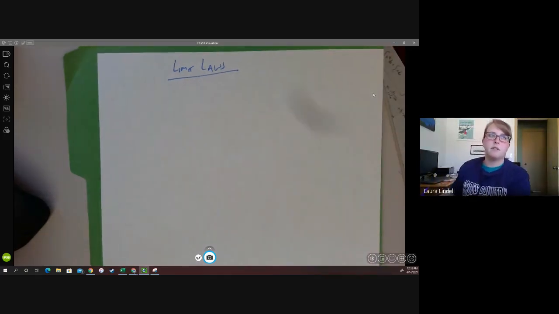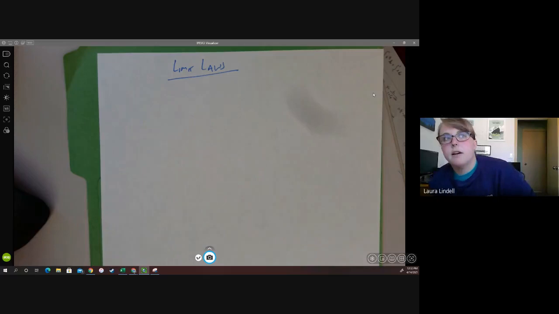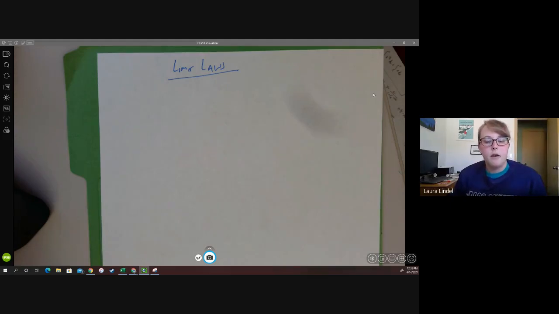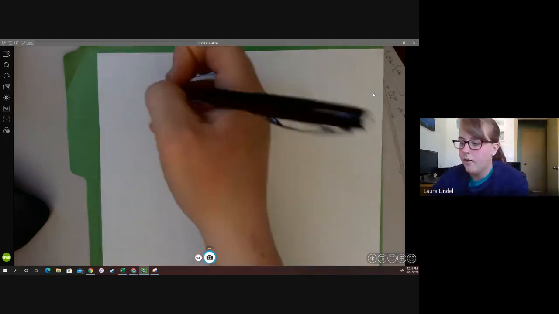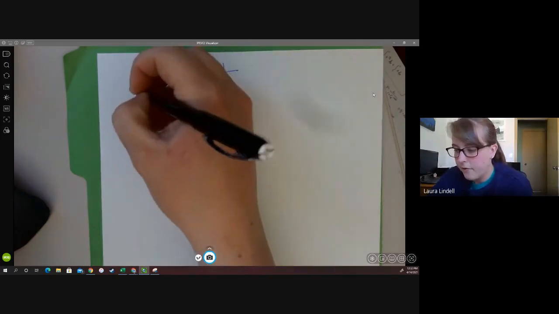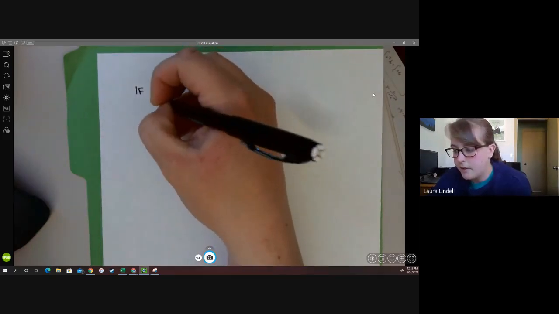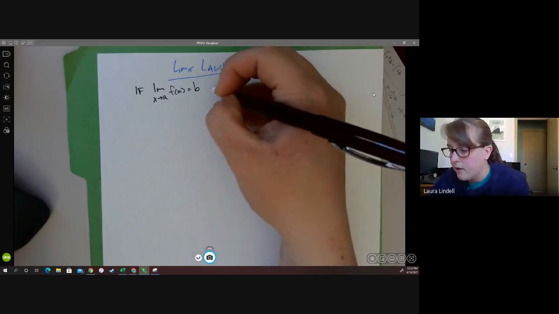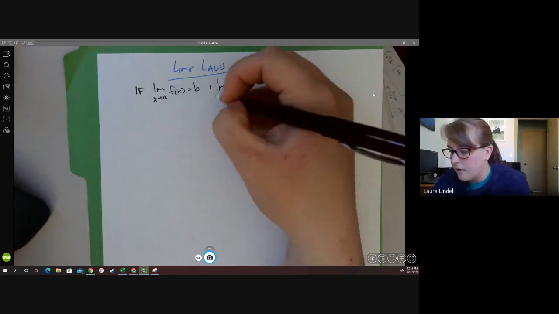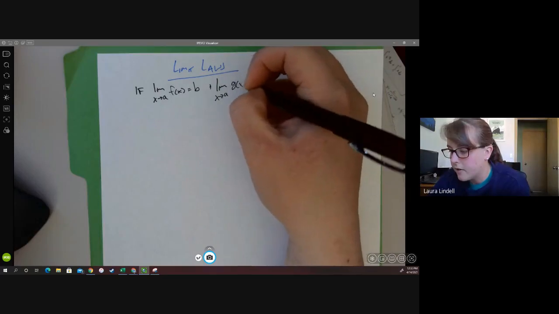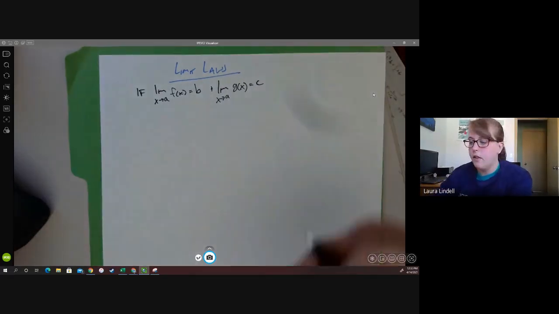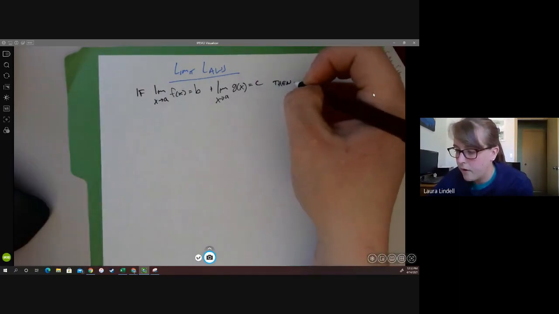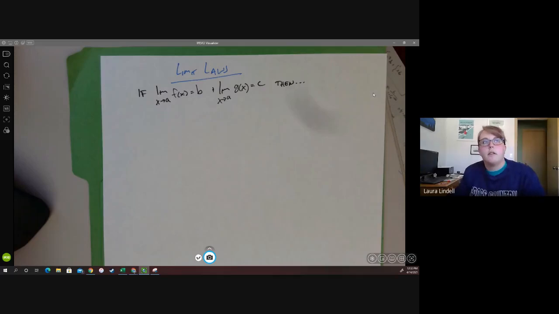Some places call them limit laws, some places call them limit rules. Either way, for all of these limit properties and laws and rules, we are going to use this phrasing: if the limit as x approaches a of f of x equals b, and the limit as x approaches a of g of x equals c, then... These are going to be the generic versions of things.